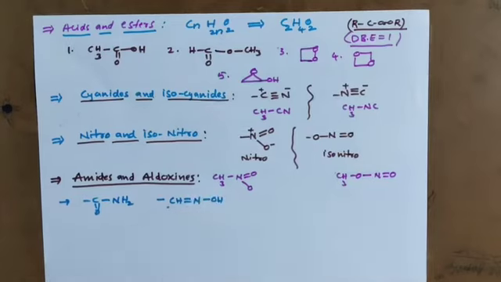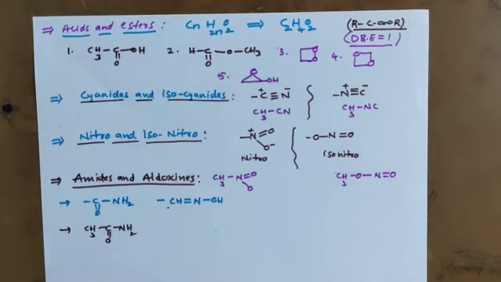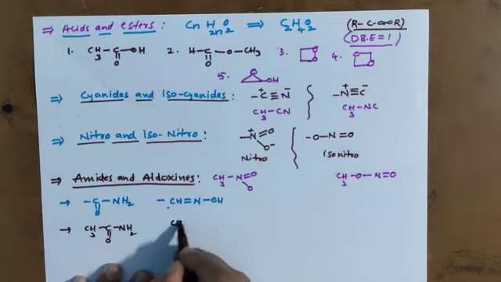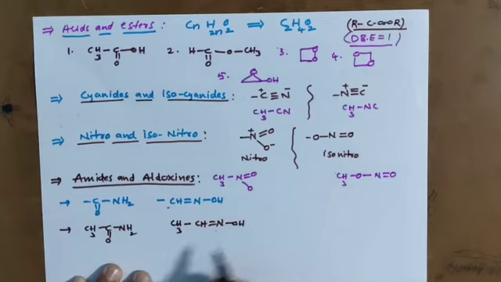For example, here I am giving CH3 C double bond O NH2, ethanamide, and here you are getting CH3 bond CH double bond N OH, acetaldoxime.